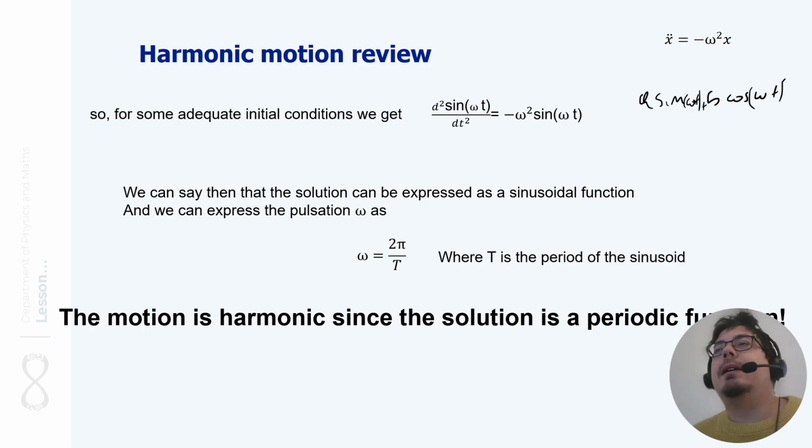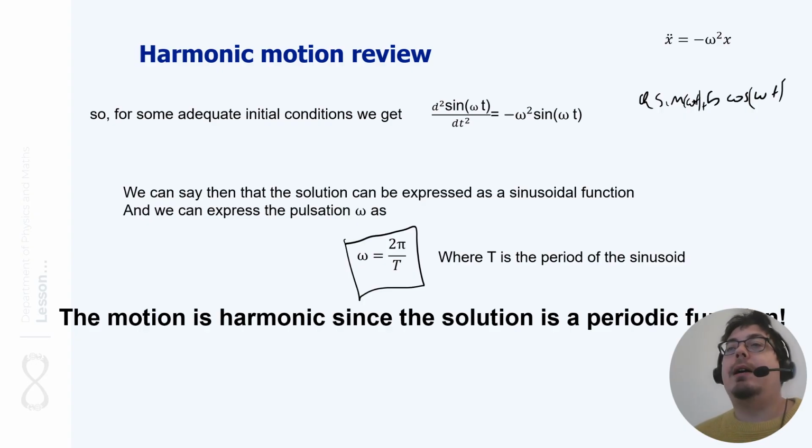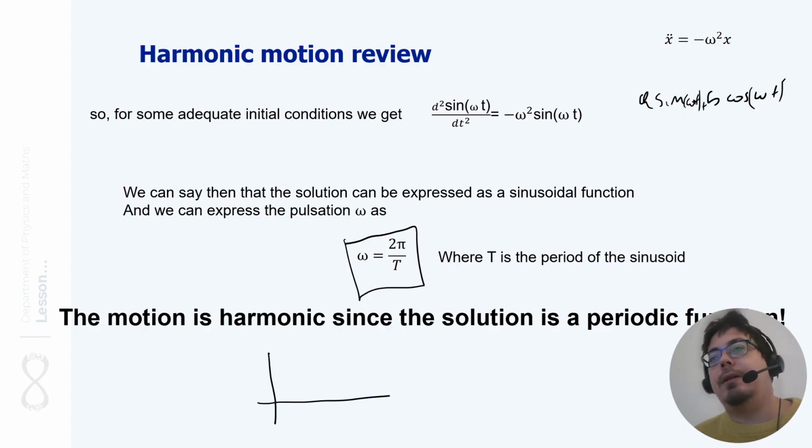And then, as I said, omega is 2 pi over the period, and the period is what we all know about the sinus or cosinus function. So let's pick the sinus. The periodicity is exactly the distance between two crests or two minima.